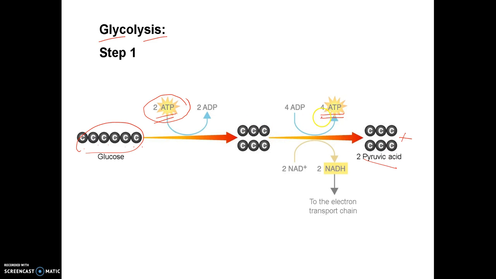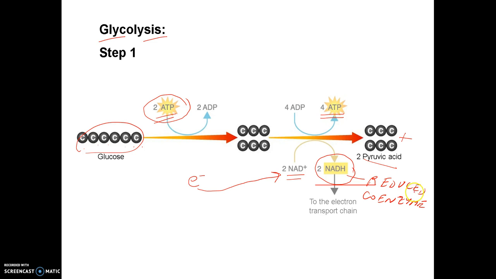In this process, high energy containing electrons are also produced, which are taken up by a coenzyme. This is NAD, and you end up with NADH. This is a reduced coenzyme. Remember, addition of an electron is reduction.